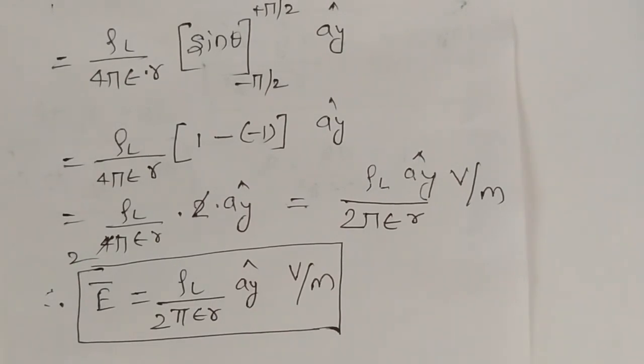This point proves to be very important while solving problems. For example, if the line charge is parallel to the z-axis, E bar cannot have a z component. If the line charge is parallel to the y-axis, then the E bar component doesn't have an a_y component, and with this the integration would be very easy.